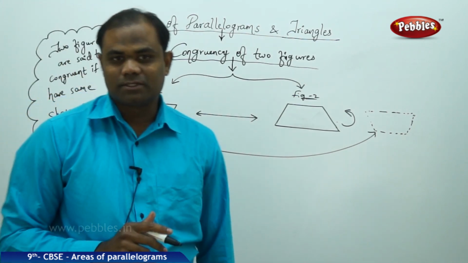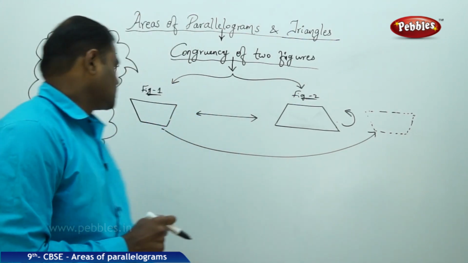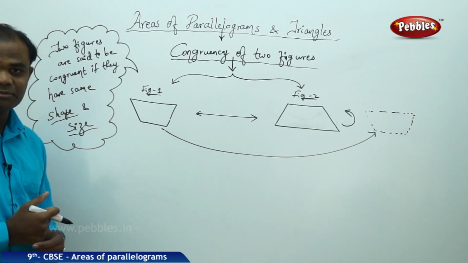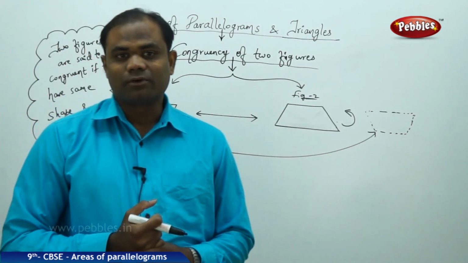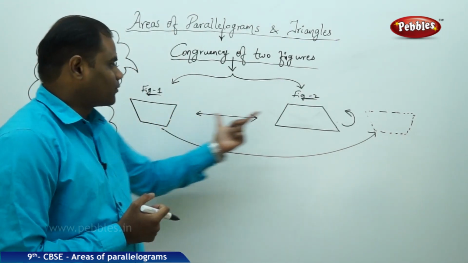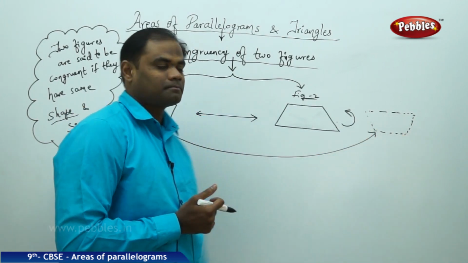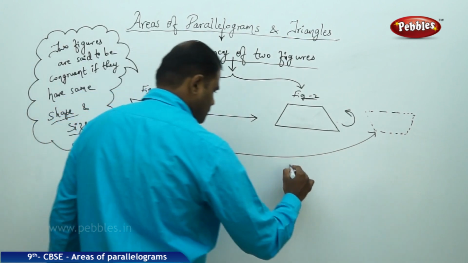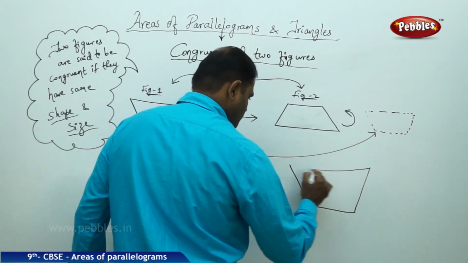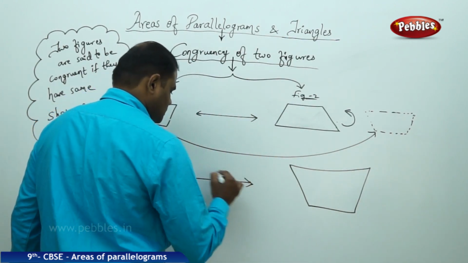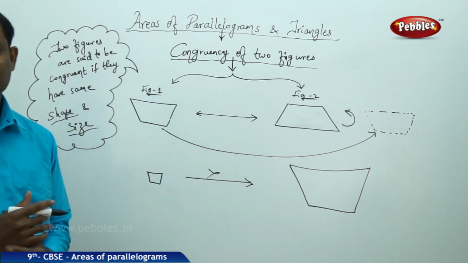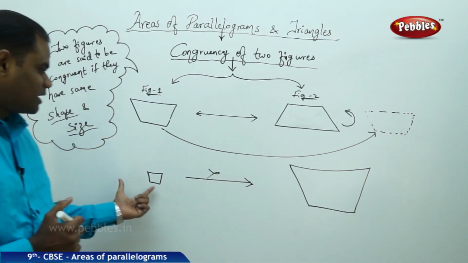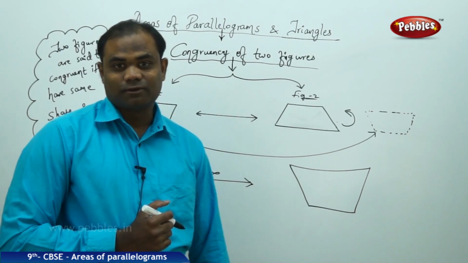Two figures of same size and same shape are said to be congruent. This is congruent to this. But this is not congruent to this because they are of same shape but they are not of same size.